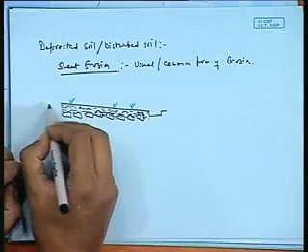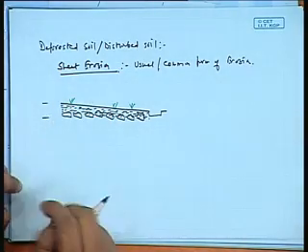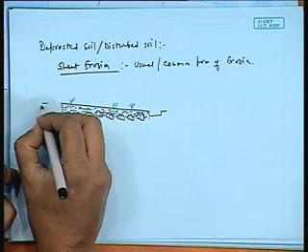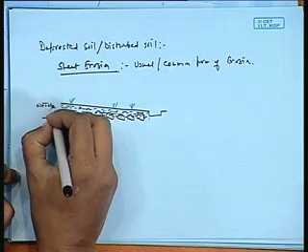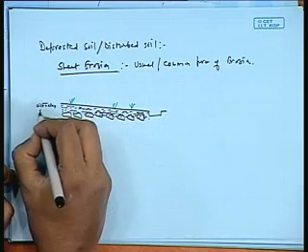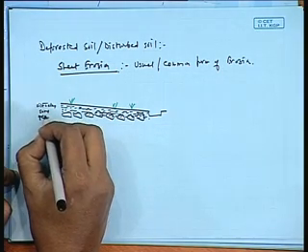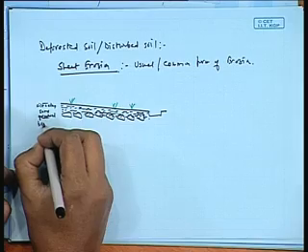For a simple description, this is silt and clay, then sand, gravel, and then you find boulders.